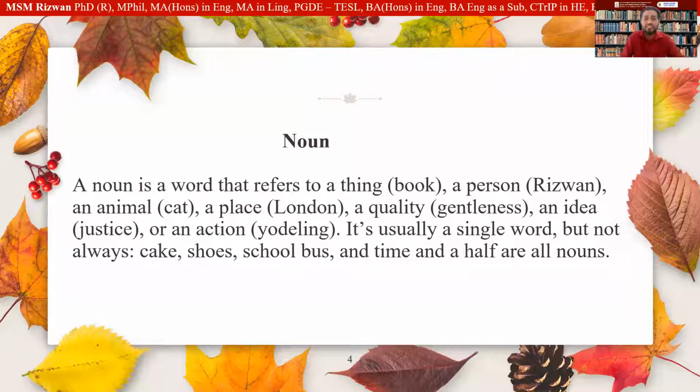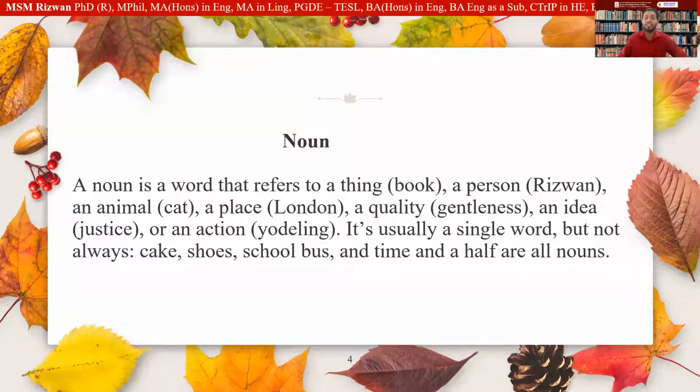Now you can see some samples given here. As for thing, for example, bag, fan, chair, table. Person, here Rizwan, for example, is the name of a person. Animal, cats. Place, London. Quality, gentleness. For an idea, justice. Action, yielding.